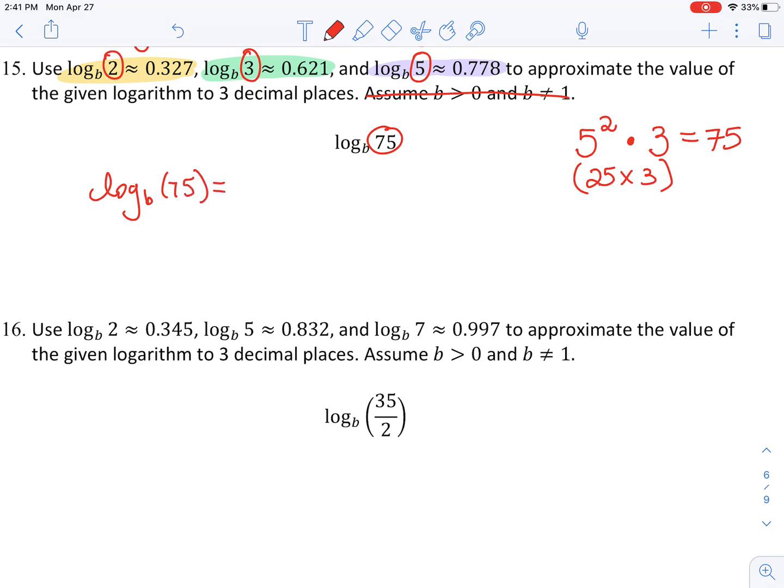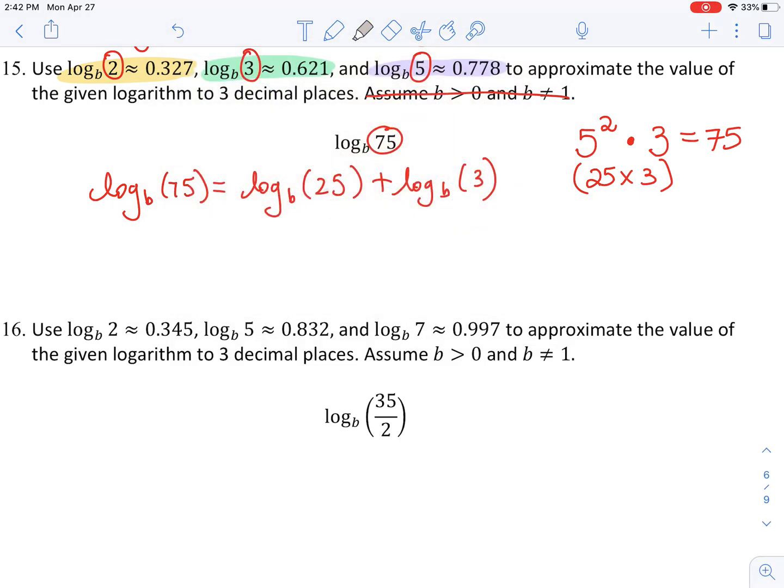I'm going to separate these into separate logs. I can separate this as log base b of 5 squared plus log base b of 3. Now see if that makes sense. First of all, maybe I can just keep it as 25 for you right now. If you are combining common base logs and they have a plus sign in between them, what do you do with the arguments? You multiply them.